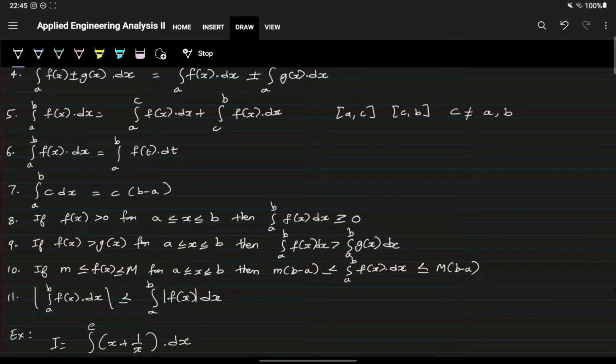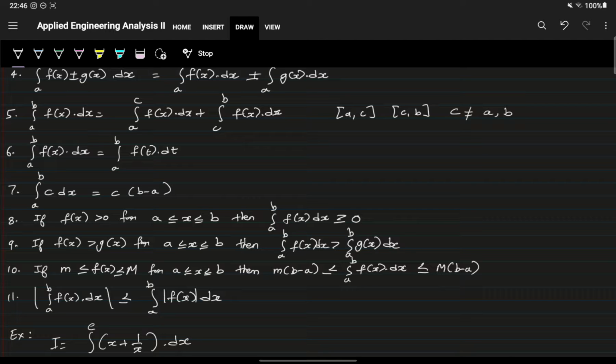And for the constant, if c is any constant, then the output would be c times (b minus a). And if f(x) is greater than 0, and the value of x lies between a and b, then the value of the definite integral of f(x) dx between a and b would be greater than 0.